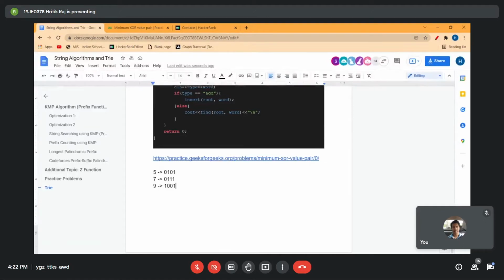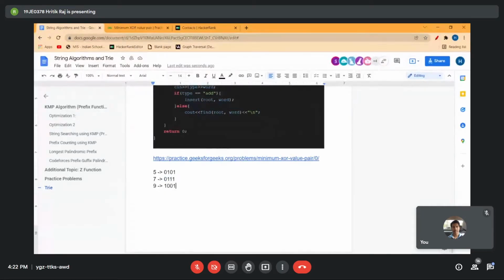So our target will be greedy: the maximum bit should be 0 in the final answer. Our objective should be to keep all the bits which have higher value 0. Like we would want something to be 0 here, something to be 0 here. So we have to give priority to the prefix. Yes, sir, I am saying that only. The most significant bit should be 0.